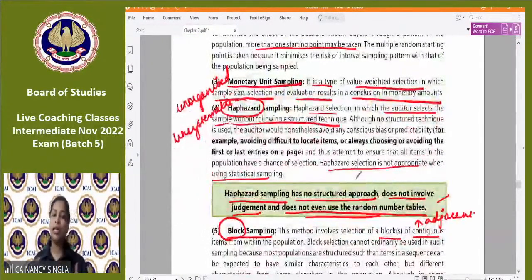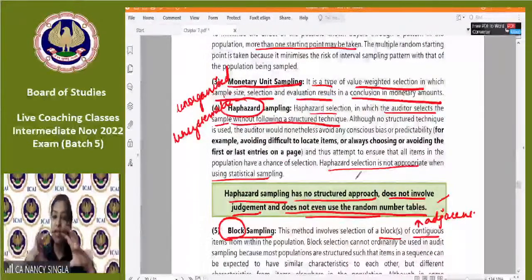Monetary unit sampling, I explained value weighted to you in detail. That here values में auditor बात करता है. ठीक है. तो since values में selection हो रहा है, वैल्यूज में ही वैल्यूएशन ऑफ रिजल्ट हो रहा है, वैल्यूज में ही सैंपल साइज आ रहा है.